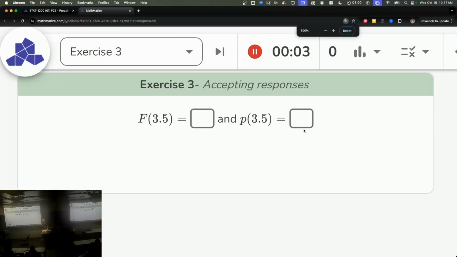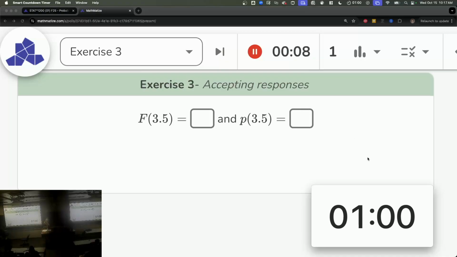F of 3.5 and P of 3.5. What is this? Okay, one minute.